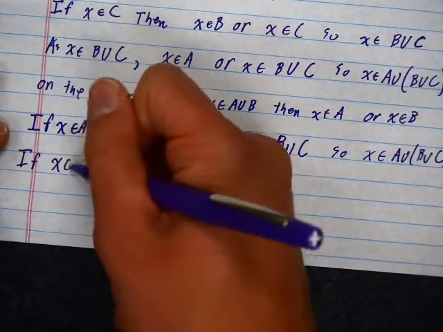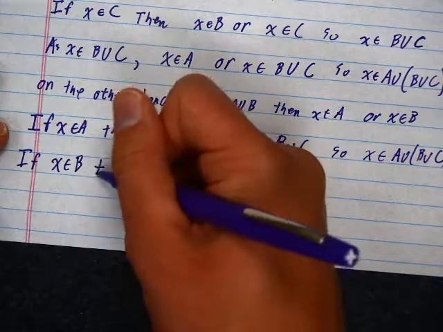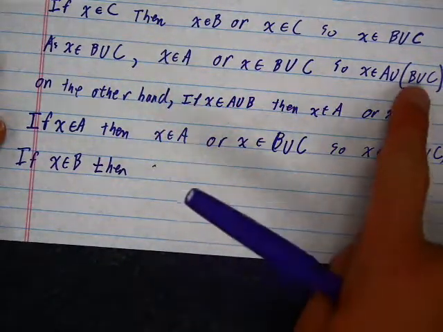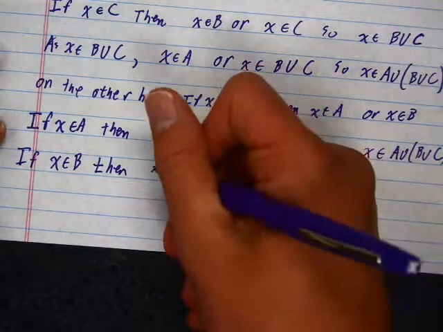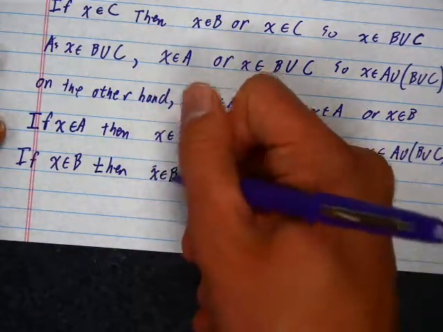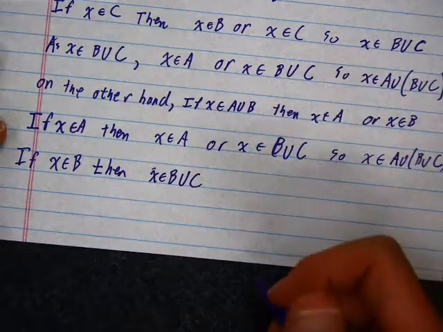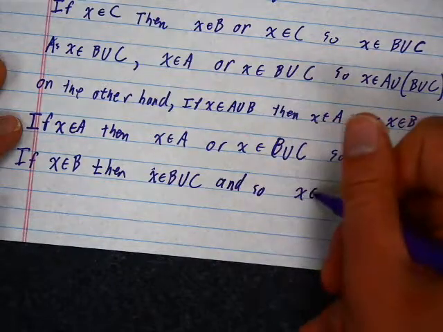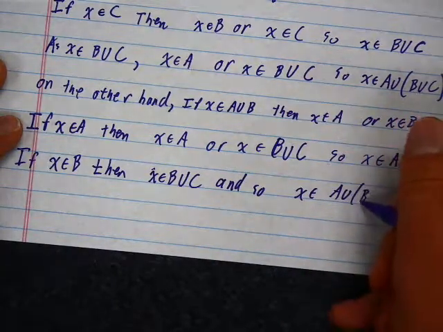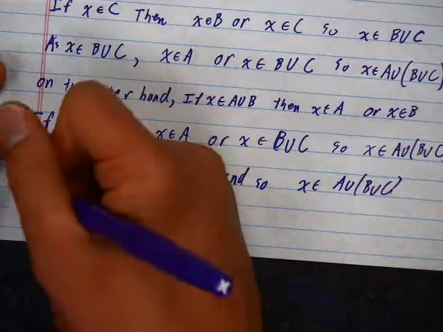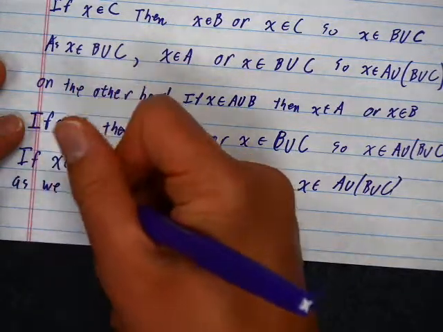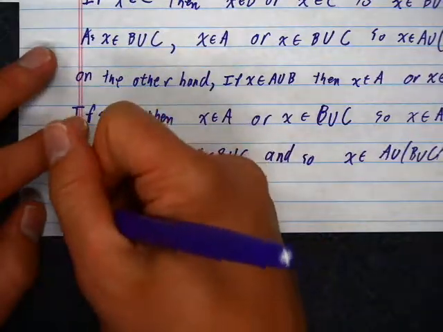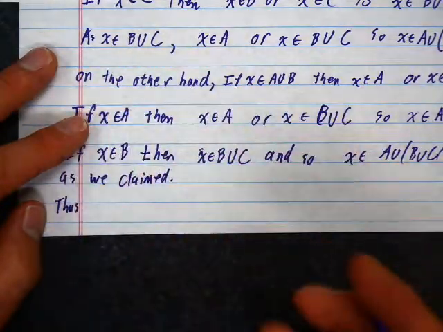If x is in B, then, well, it's like the same logic, right? x is going to be in B union C. And so x is in A union B union C, as we claimed. Thus, right, we boiled it down.